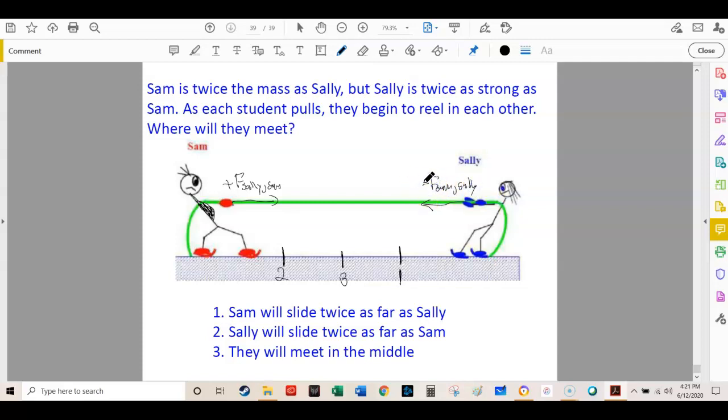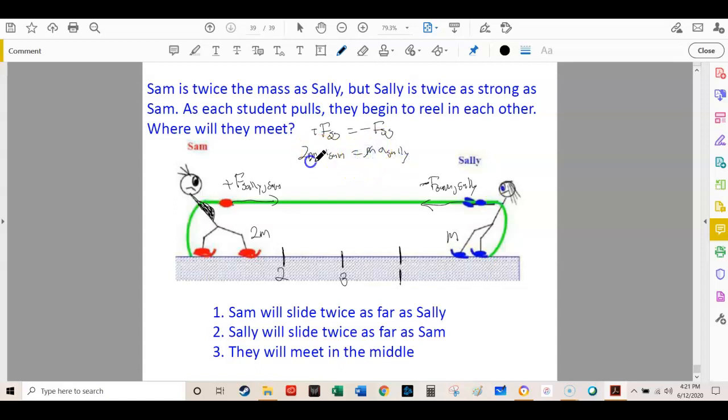And Sam has twice the mass of Sally. So forces are equal and opposite. But Sam is twice the mass, times the acceleration of Sam. And Sally has just one mass, times the acceleration of Sally.